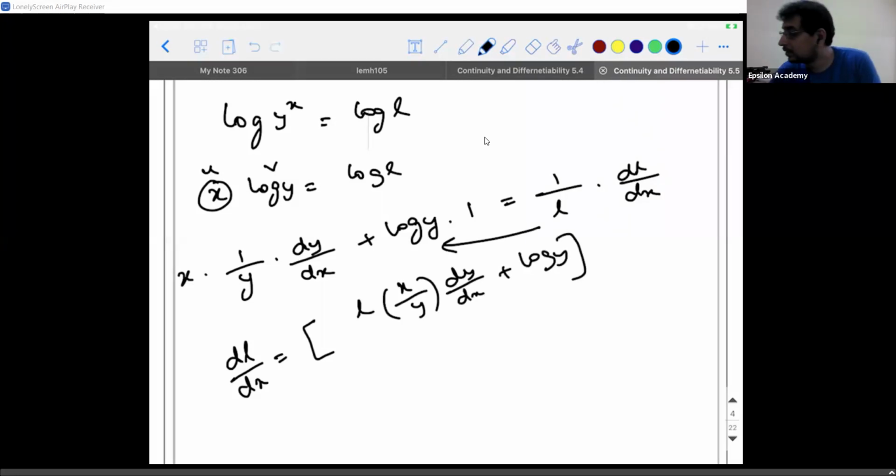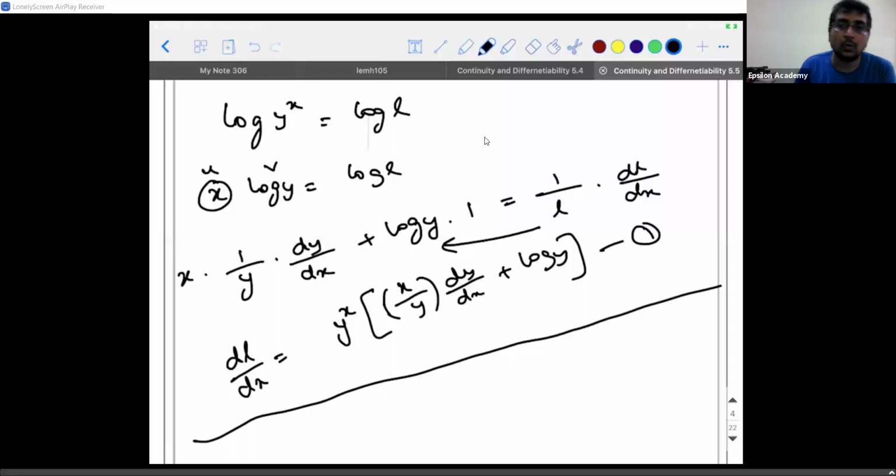But what is L, guys? L is nothing but y power x. Is it clear? So let this be equation number 1. Similarly, I'll give you 2 minutes. You guys do it and tell me what is the value for x power y.